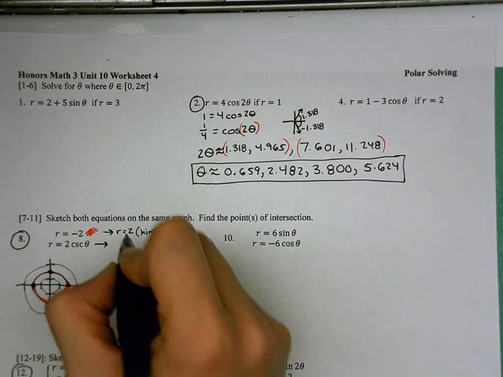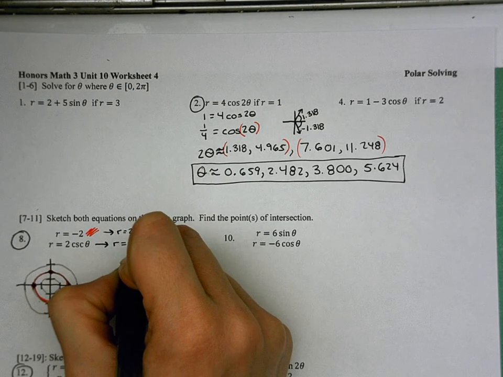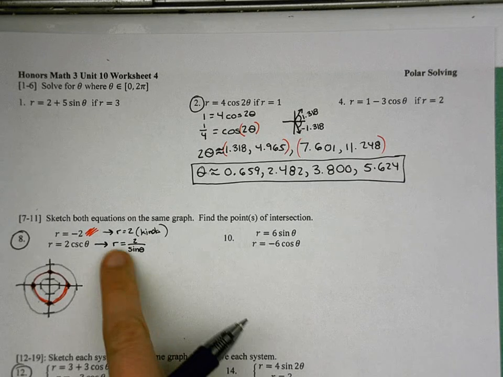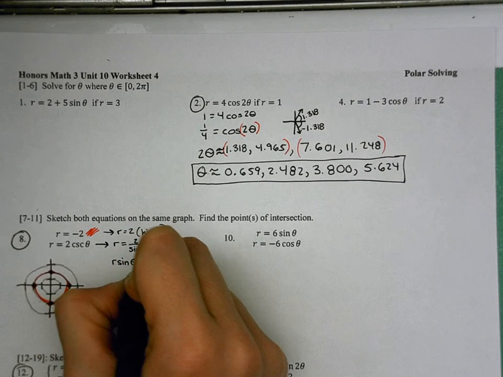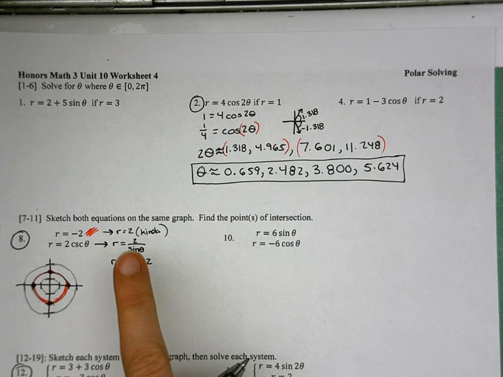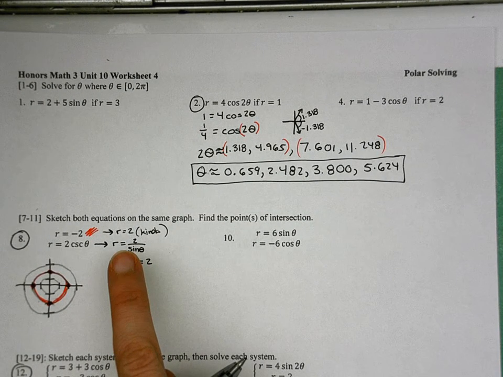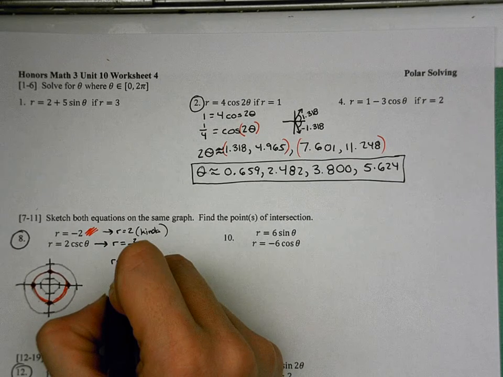So r equals 2 over sine theta. Right, that's what cosecant is. If I multiply the sine to the other side, we are here. And then in objective 1, yes, objective 1, also objective 2, we looked at different relationships, and r sine theta is equal to y.